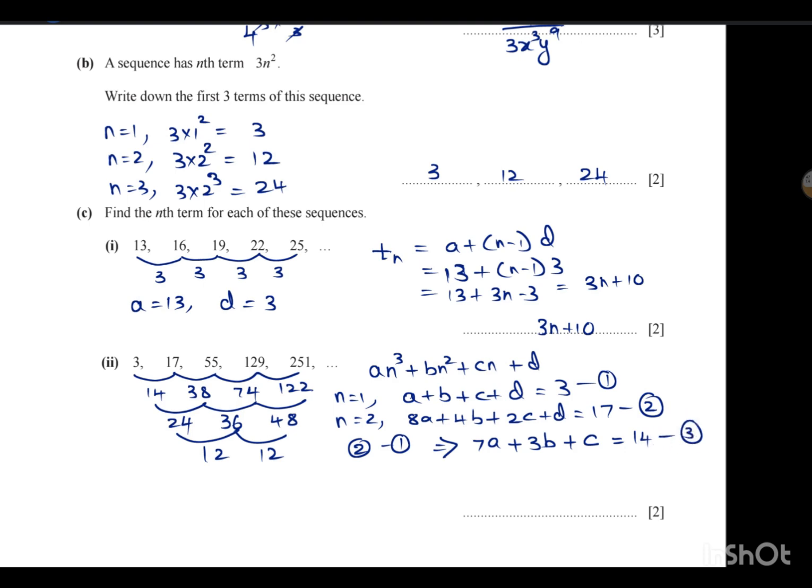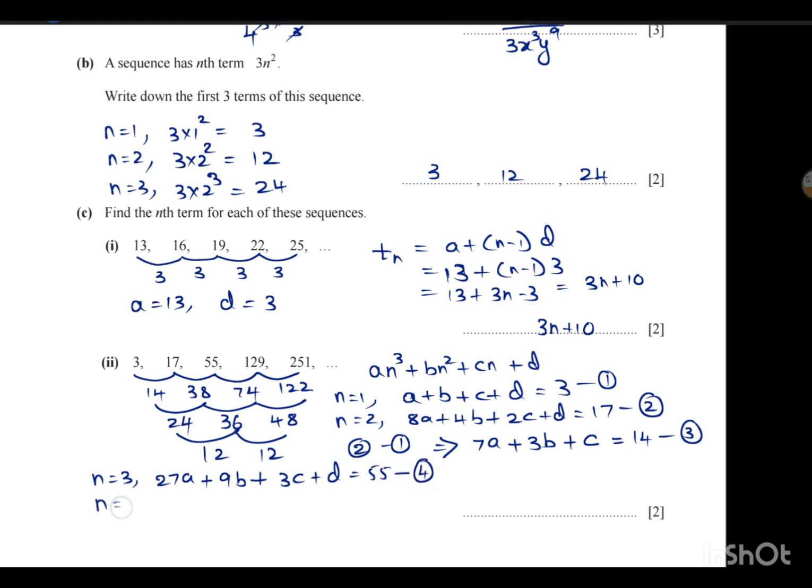Now let us take the next equation, n is equal to 3. At that time n cube will be 27a, n square will be 9, so 9b, then n will be 3, so 3c plus d is equal to 55. This is equation 4.